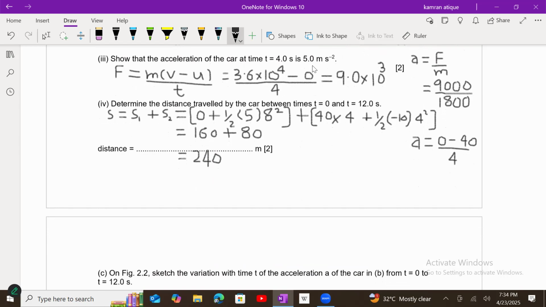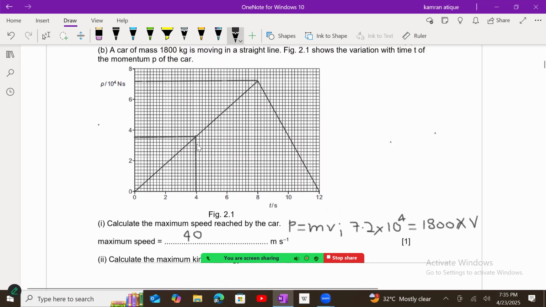It definitely means that the velocity is increasing because the mass of the car remained constant. The value of the speed must be increasing, and the increase of speed is called acceleration. So that acceleration is required at time t equals 4 seconds.